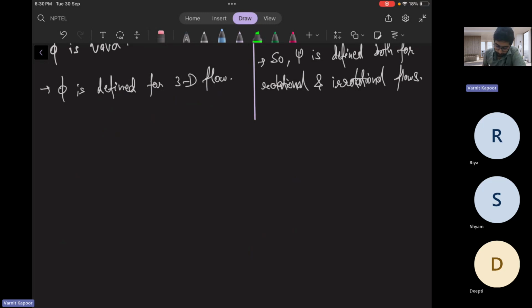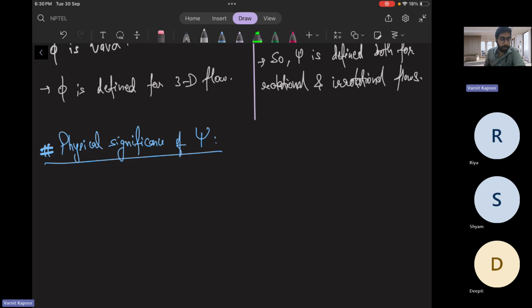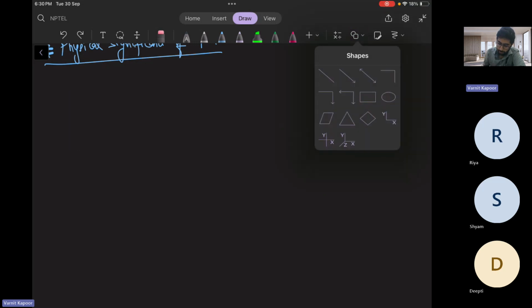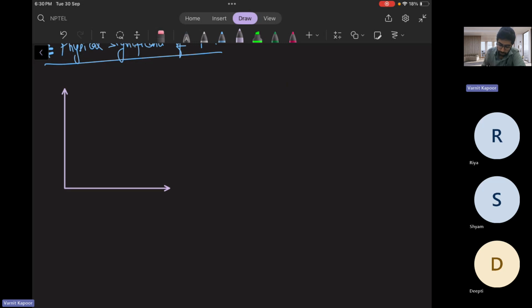Physical significance of psi. Suppose I have axes like this of x and y. This is the y-axis. This is the x-axis.